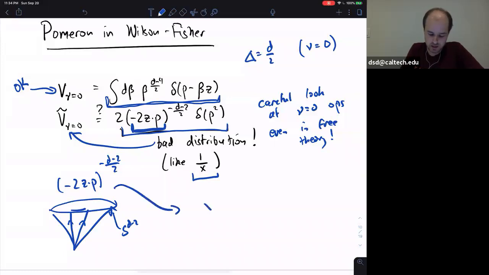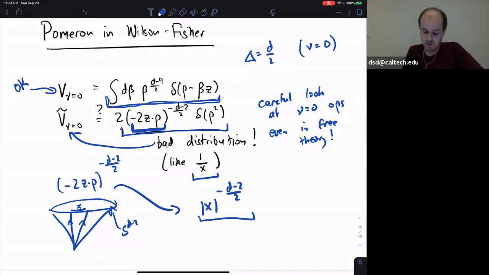Then what this becomes is the absolute value of x to the minus (d-2)/2, where x is the distance between these two things in stereographic coordinates. You should think of this thing as being kind of like 1 over x in one dimension. So this is in d-2 dimensions. I guess, sorry, this is x squared to the minus (d-2)/2.